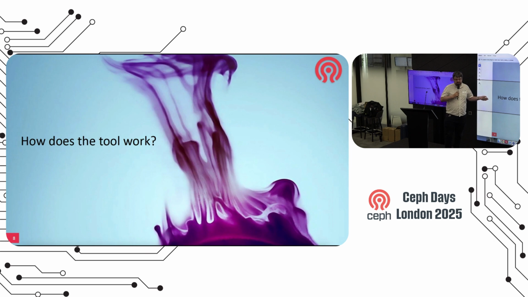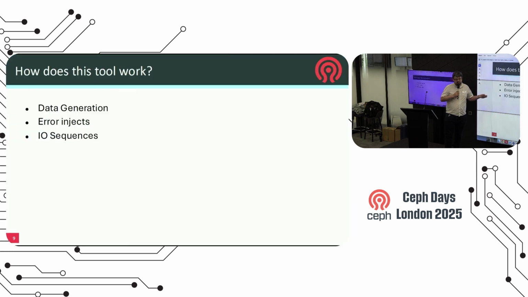Now I feel it'll be quite interesting to give you a bit of insight into how this tool works. I've split it into three sections: how we do the data generation, how we do testing of unfavorable scenarios when you've got errors in your system, and how we do the sequence generation.